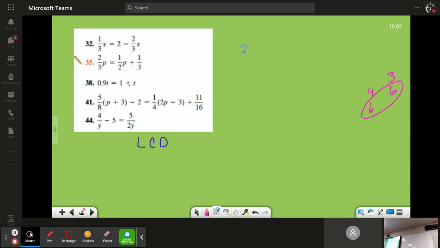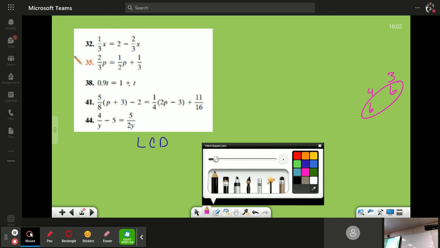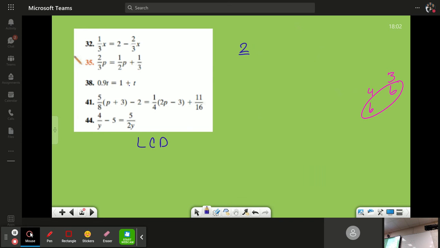I have 2/3. Six times 2, 12 divided by 3.